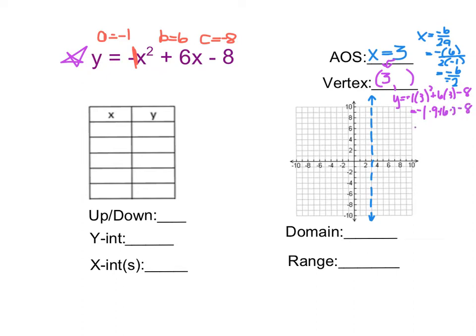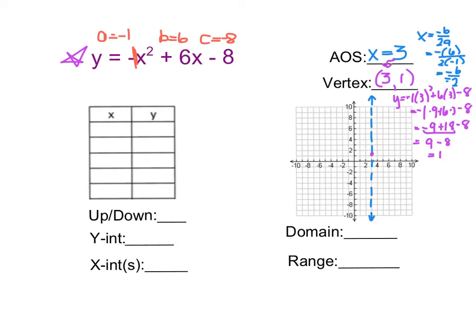Then I do my multiplications, so I have -9 plus 18 minus 8. Then I combine addition and subtraction left to right. So here I get +9 minus 8, or 1. So y is 1. If I now go to my graph, I go to x is 3, y is 1, and I plot the point. So I found my axis of symmetry and vertex.